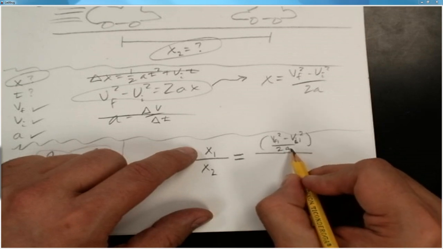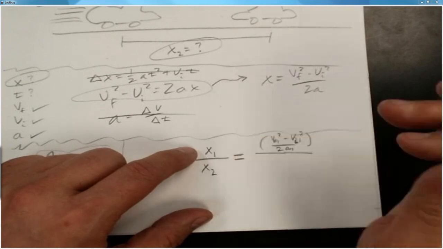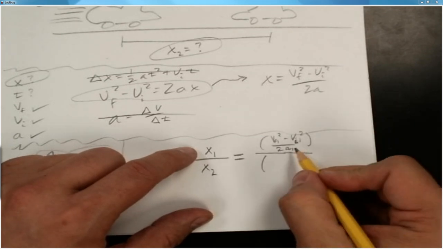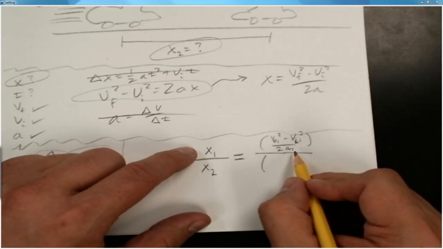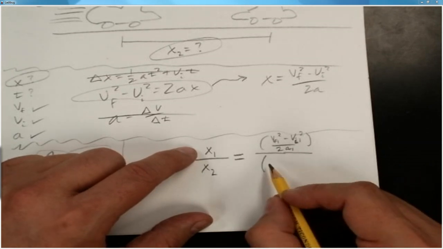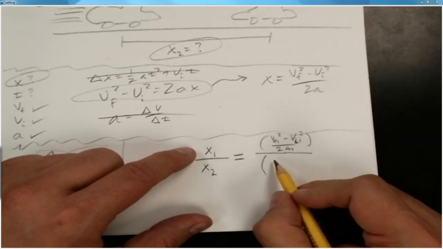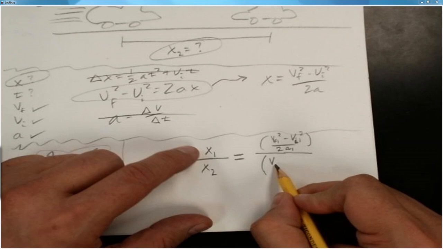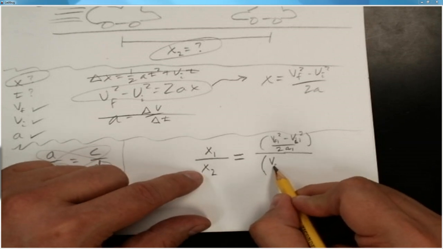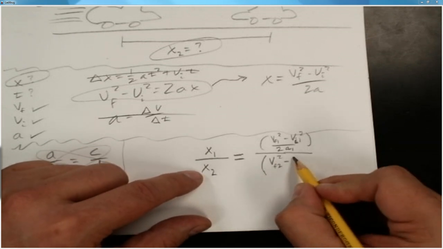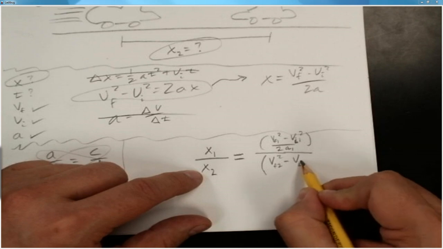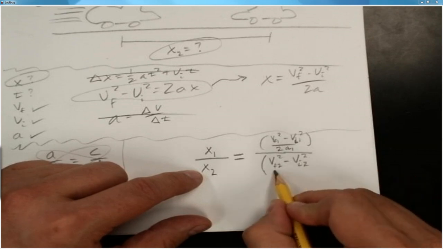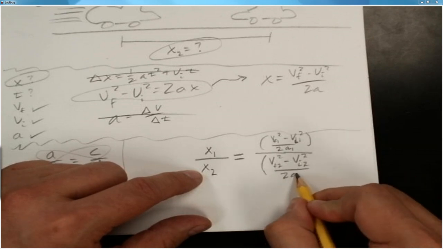Now, I'm not going to say a1 because remember, well, I guess I will. I'll say a1 and then I'll change it in the next line. But remember, a is the same in both of them. So I could just say a, but I'm going to hold on and try not to be too complicated. So down here, it's VF2 squared minus VI2 squared over 2a2.